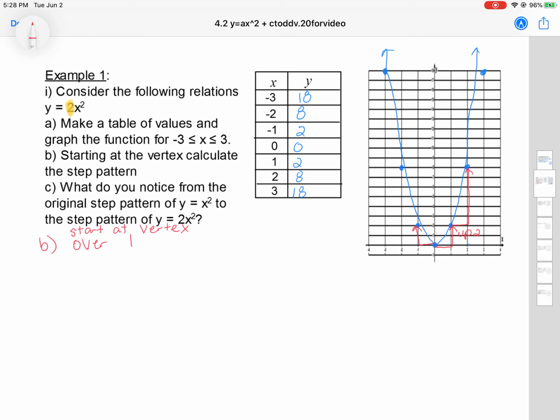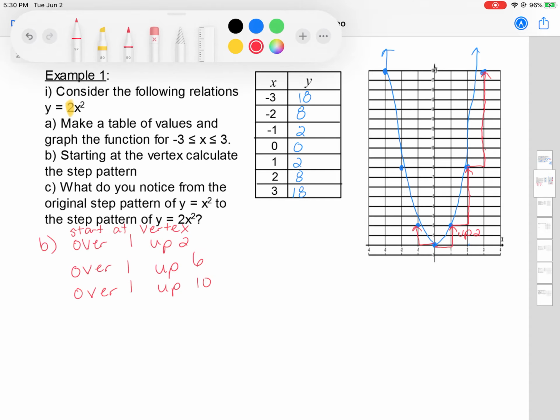Over 1, up 2. Over 1, up 6. And then over 1, up 10. So you're always looking at the step pattern from 1 point to the next point. Maybe I should write that down.